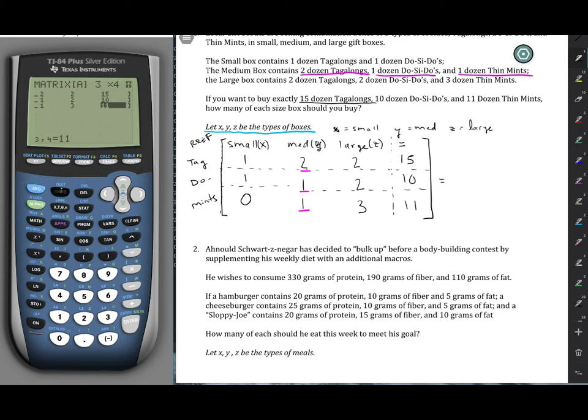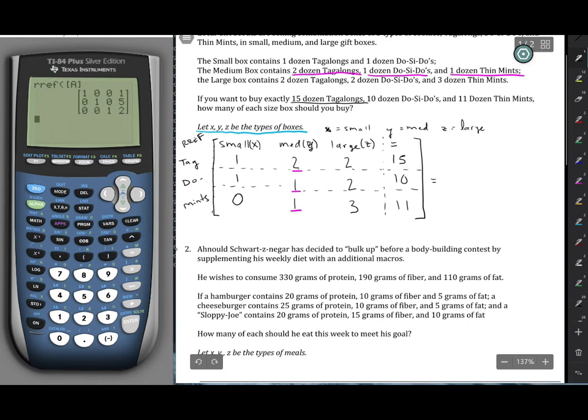Leave the matrix. Enter the matrix. Use the RREF operation. And call out matrix A. Let it work its magic.